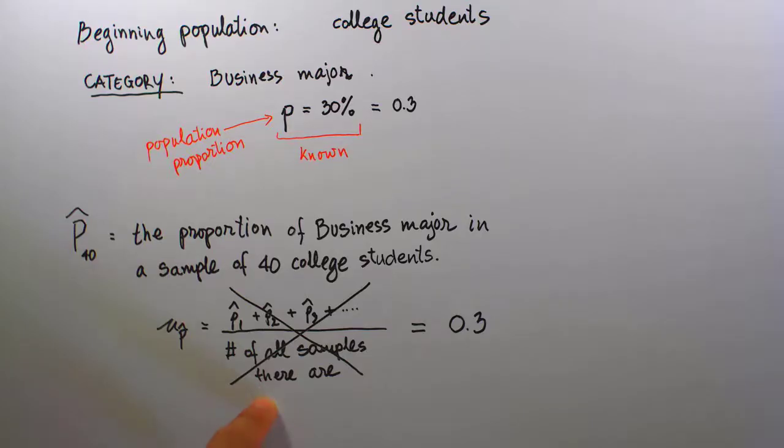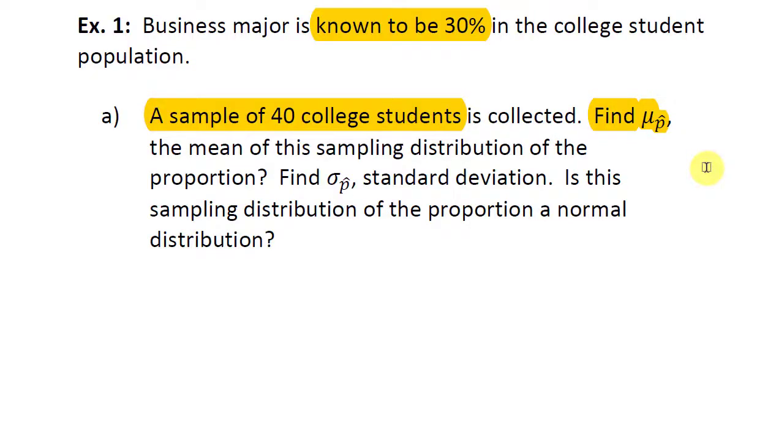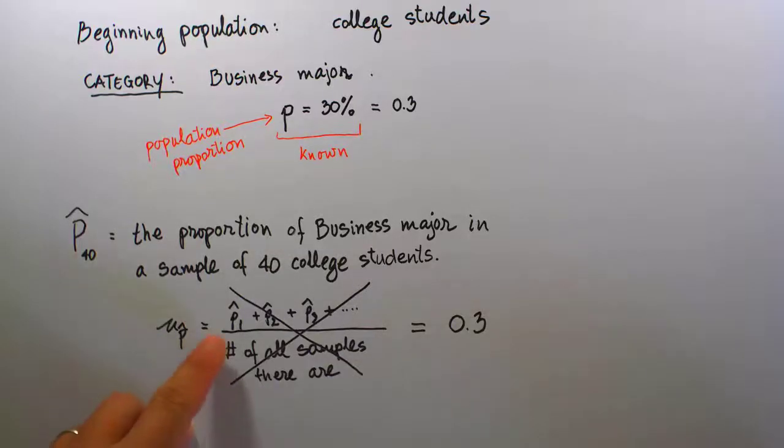And one more time, let's look at the computer screen here. You see a sample of 40 college students is collected, but that's all it said. We did not even know what the proportion was in this sample, because the idea of the problem is that we do not need to find any particular sample proportion.